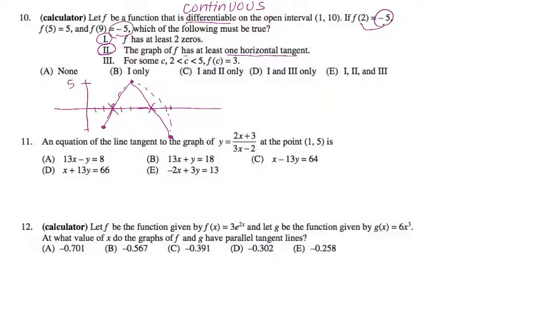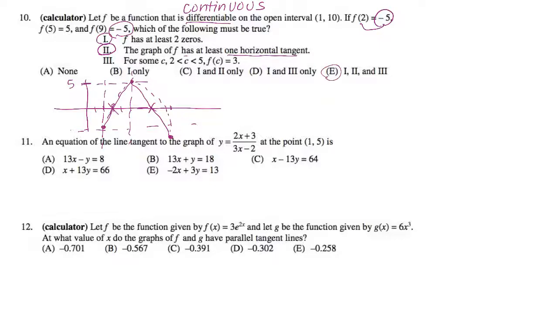And then for some C, between 2 and 5, so let's look at 2 and over here at 5. So between 2 and 5, f at C has to be 3. So let's see, is a positive 3 over here. So let's check that one out and see. So this one looks like it's going to fit all 3. So here our correct answer choice should be E.